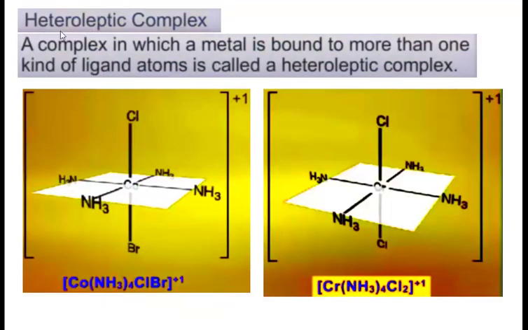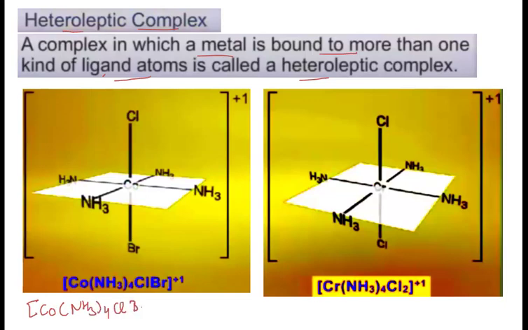The next term is heteroleptic complexes. A complex in which a metal is bound to more than one kind of ligand atoms, right? It is called heteroleptic. When more than one different ligand is there, such a complex is called heteroleptic. These terms may be asked sometimes. For example, the complex is [Co(NH3)4ClBr]+.